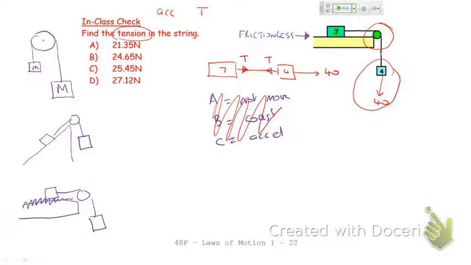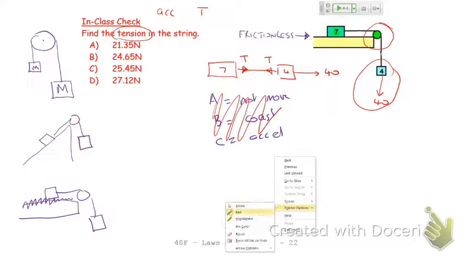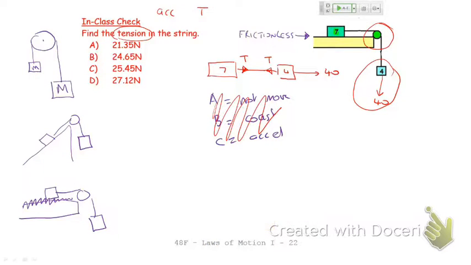So I need to basically, let's go to green. So I need to basically pick one or other of these. That's the one I'm going to pick. I'm going to say the sum of the forces equals MA. I'm going to say plus T added to 0.